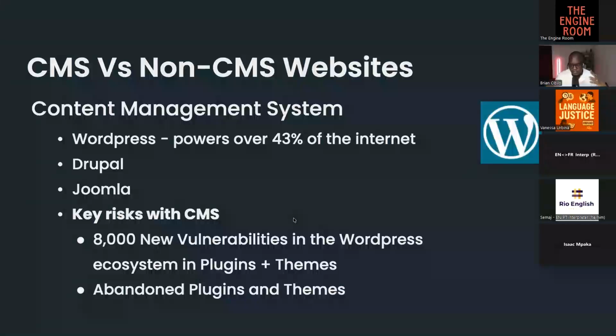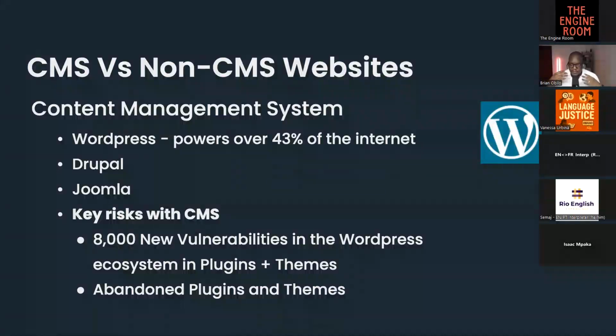We also have other subcategories of websites: websites that are powered by content management systems, and websites that we refer to as static websites. A content management system is simply a system that exists to make it very easy for users to create or update content on digital platforms.